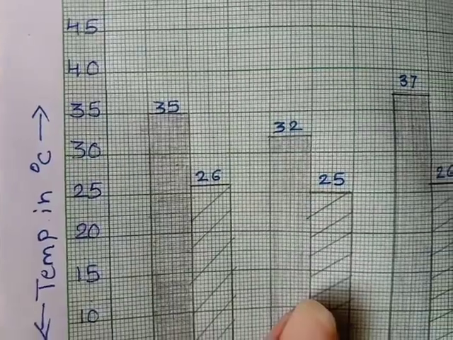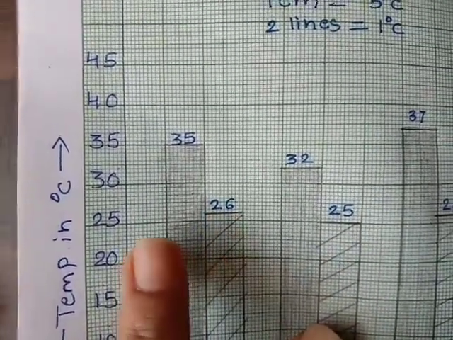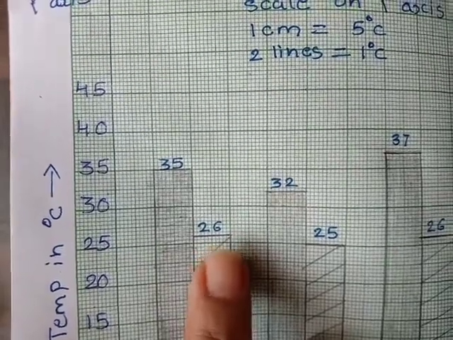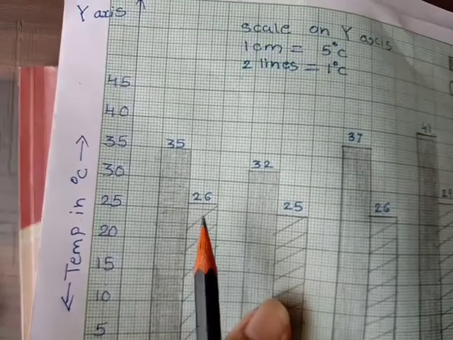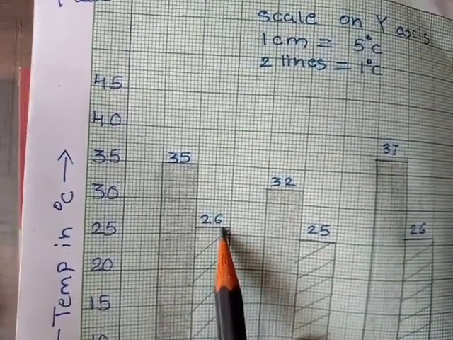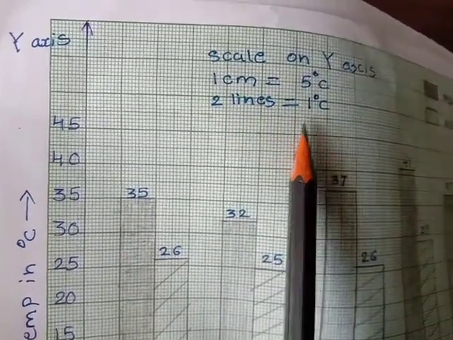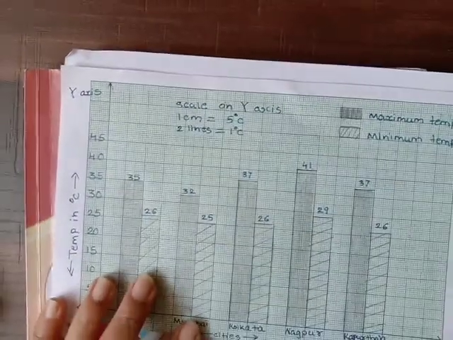Can you see? Okay, this is first line and this is second line. Okay, so this is 25. Alright, I'll just show it to you. Wait, see, this is 25. And above that 2 lines. So that is 26. Alright, so this is very important. 2 lines means 1 degree Celsius. Okay, now let's go to the next quickly.